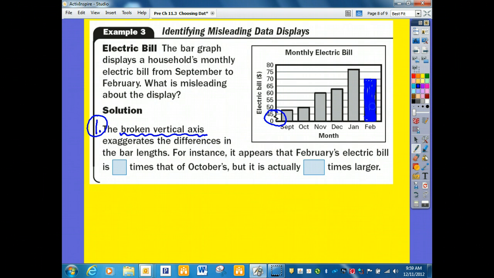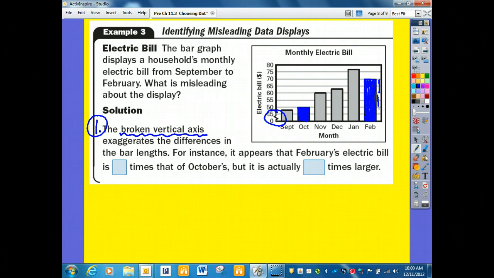February's electric bill is how many times that of October? By looking at the graph, how many Octobers would I have to take to fill up this February? It looks like it would take about 3 of these: 1, 2, 3.